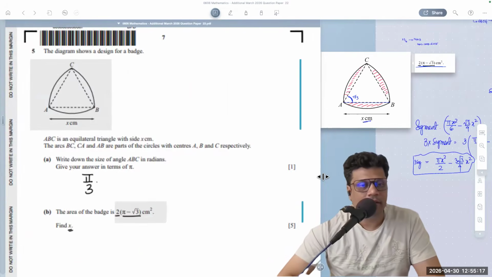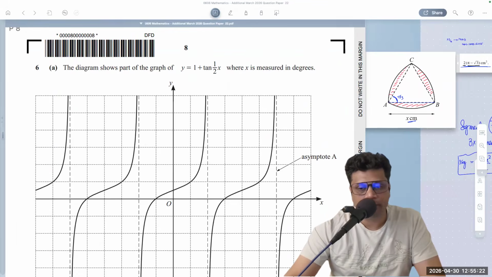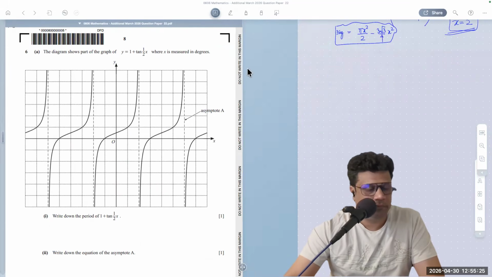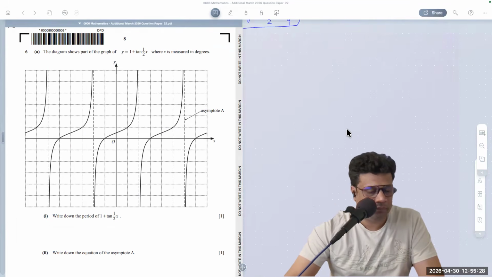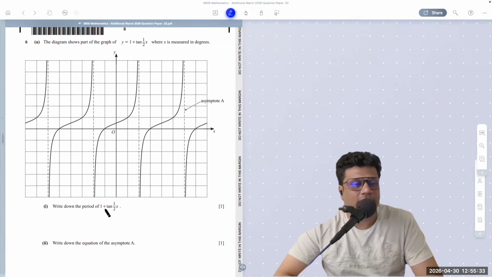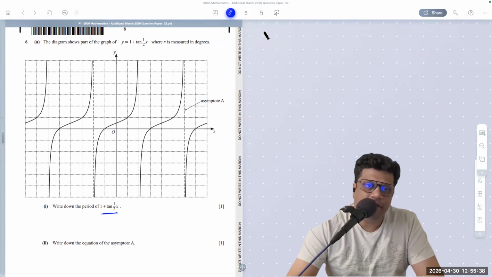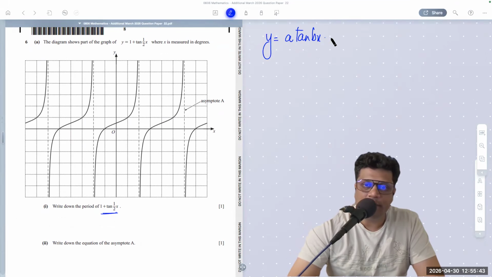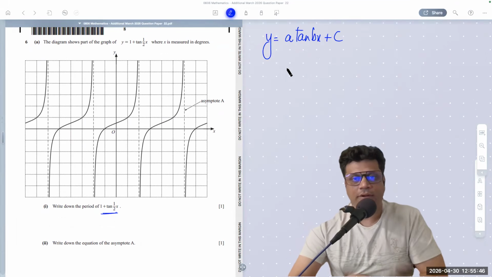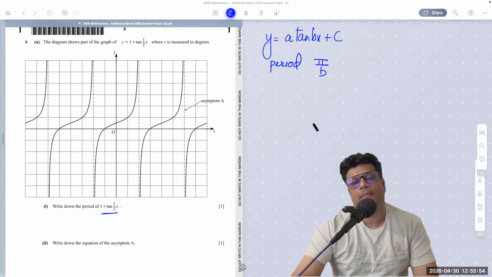Okay. Now that was the fifth one. Let's go to the sixth one now. The period when the y is equal to this. Well, I know if y is a tan of bx plus c, I know that the period of it will always be pi divided by b.